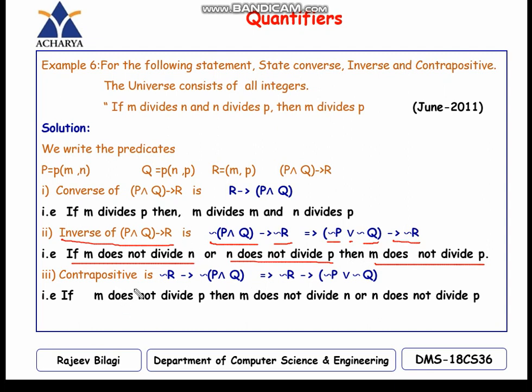Then the third one, the contrapositive, is this statement: negation of R, then negation of P and Q, which implies negation of R, then negation of this statement, that is negation of P or negation of Q. Which is, if m does not divide p, then m does not divide n or n does not divide p.